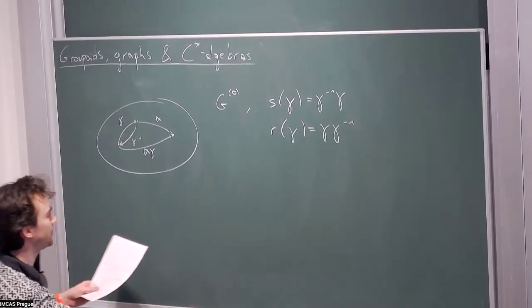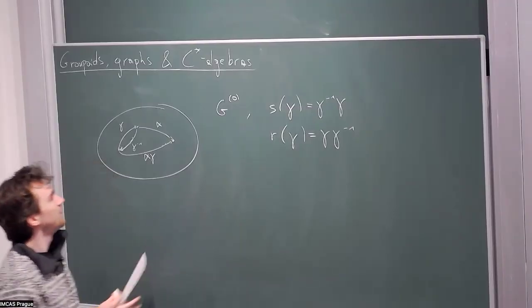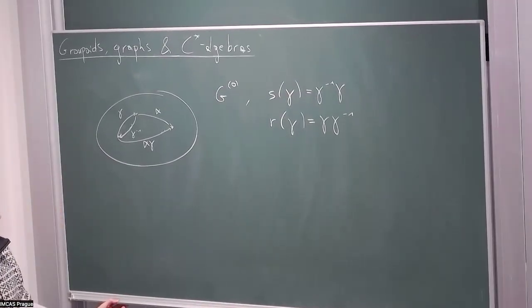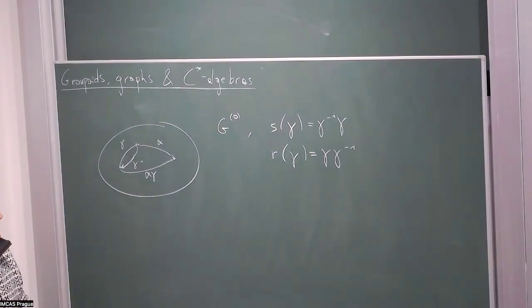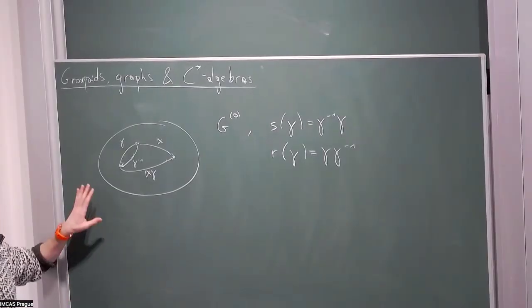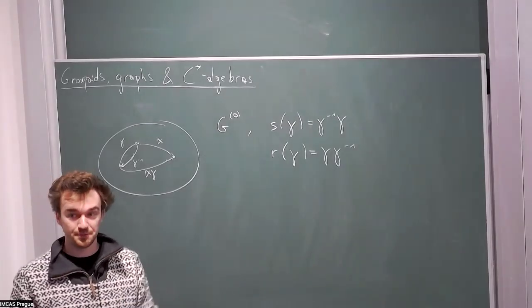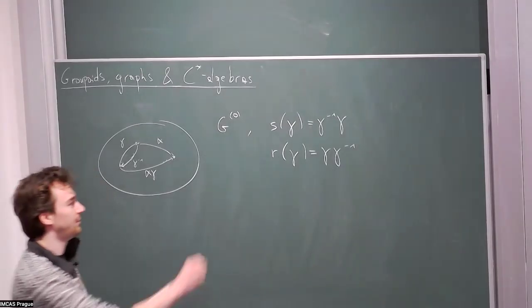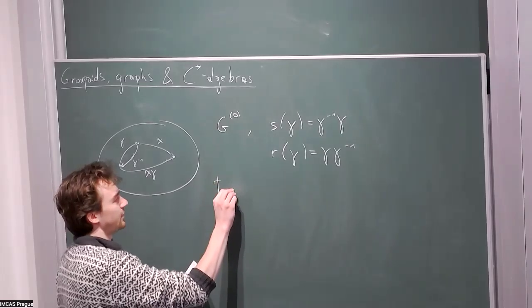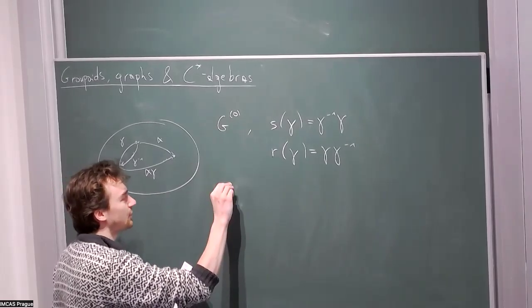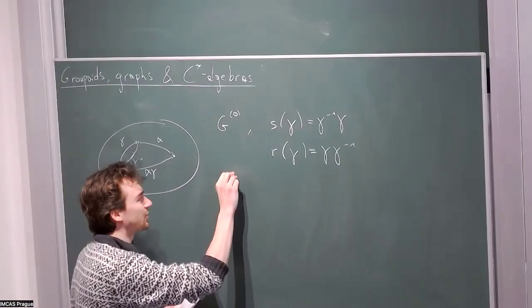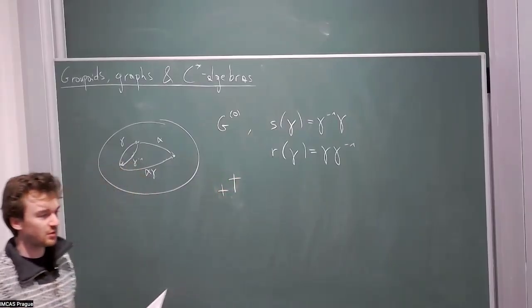Maybe first let me say the main point of interest, especially from a C-star algebraic perspective, for groupoids is we also want to equip them with a certain topology, endowing them with a topology and as such calling them topological groupoids.